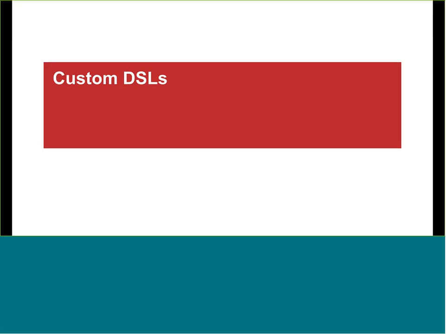Now, another feature that I'd like to show is custom DSLs. So this stands for domain-specific language. One of the things that Groovy is good at is that it makes it possible to provide a very, very short syntax for certain commonly used things.